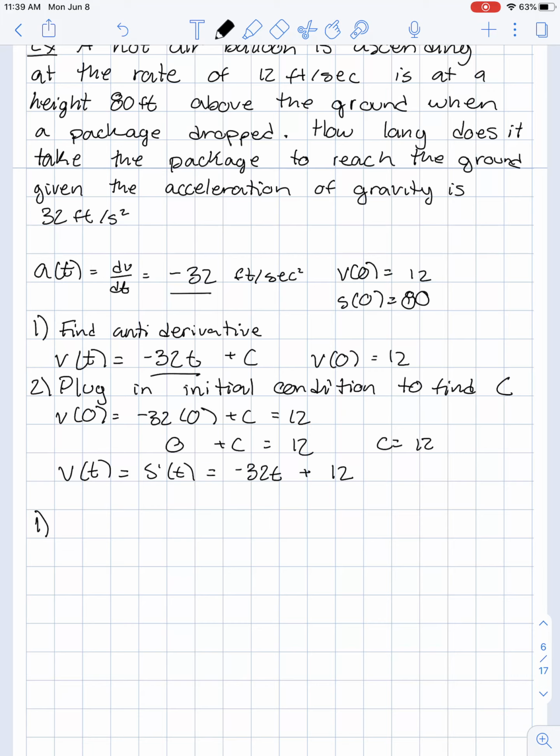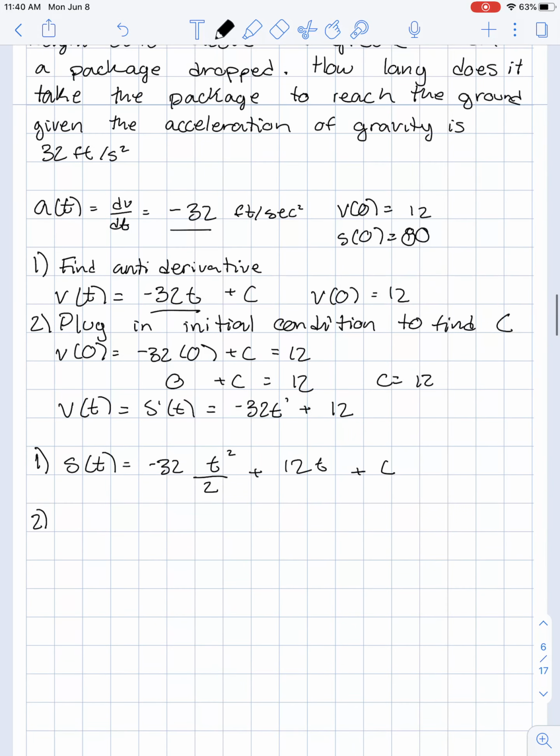So we're going to find the antiderivative. Negative 32t, t is raised to the first power, so I'm going to have negative 32 t squared divided by 2, plus our constant now becomes a coefficient, 12t, plus C. And now we're going to plug in our initial condition.